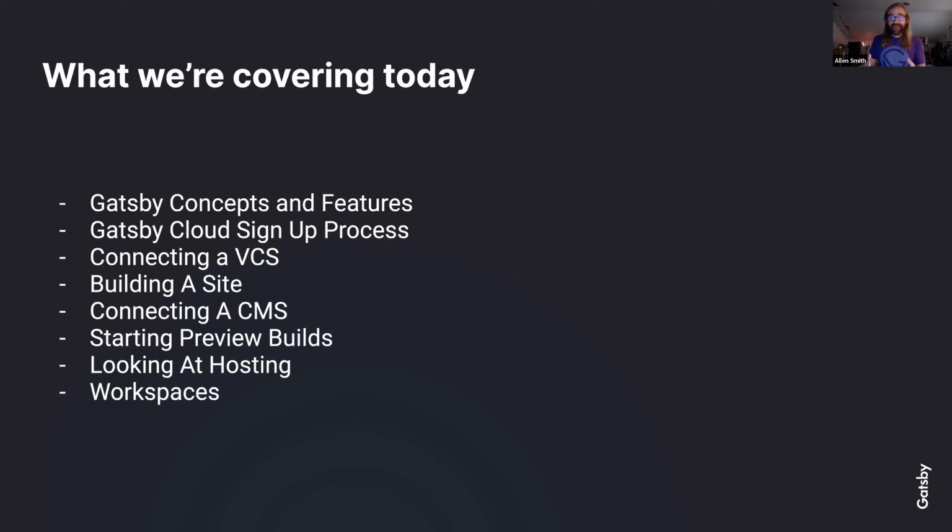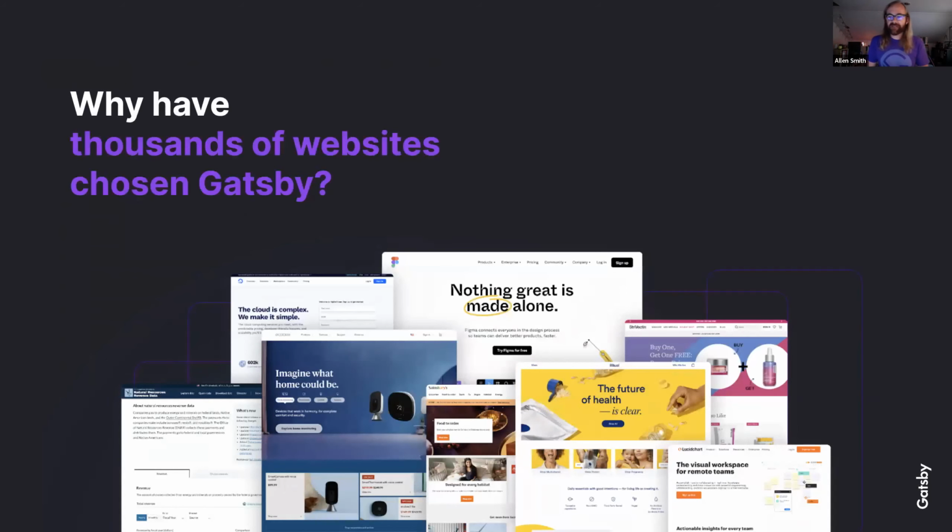So as we dive in, here's a question for us. Why have thousands of websites chosen Gatsby, right? Why do companies, whether they're small or large, or whether they're in certain industries or verticals, whether they're building sites for themselves or possibly for their clients, why do all of these companies choose Gatsby? Well, if we had to distill it down to a core principle, I would say it's this.